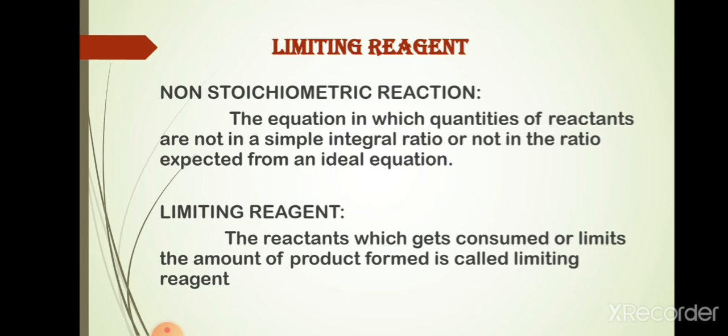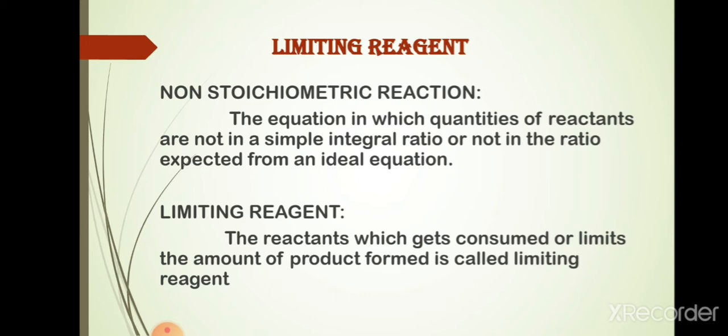Sometimes the reactions are carried out when the reactants are not present in the amounts required by a balanced chemical reaction. The equations which represent these types of reactions are known as non-stoichiometric reaction equations.